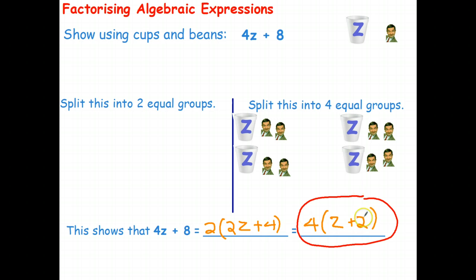The reason being, this is called factorized completely. If you look over here, 2z plus 4, we still have a common factor of 2 in each of those terms. So that one's factorized, but not factorized completely. So what we have to do is take out the highest common factor. When you factorize, take the highest common factor and put that out in front of the brackets, and then figure out what's left behind in the brackets.